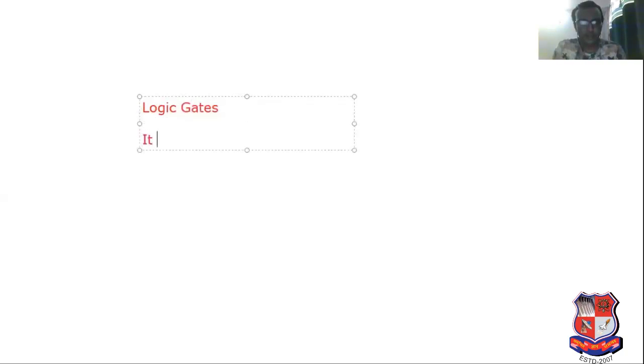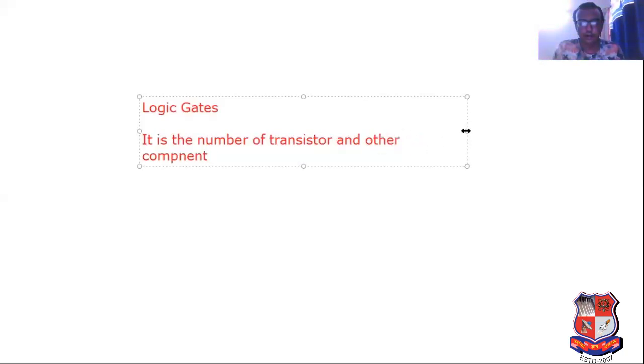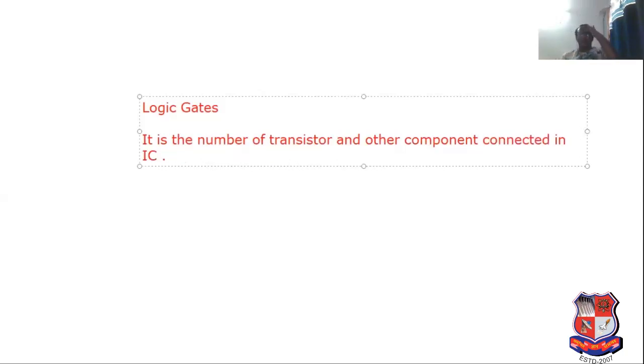A logic gate is a large number of transistors and other components connected in an IC. IC means integrated circuit.